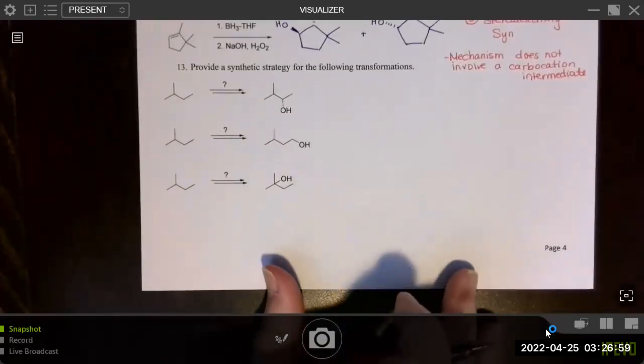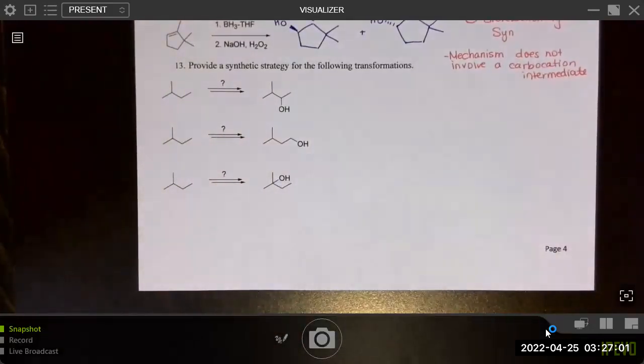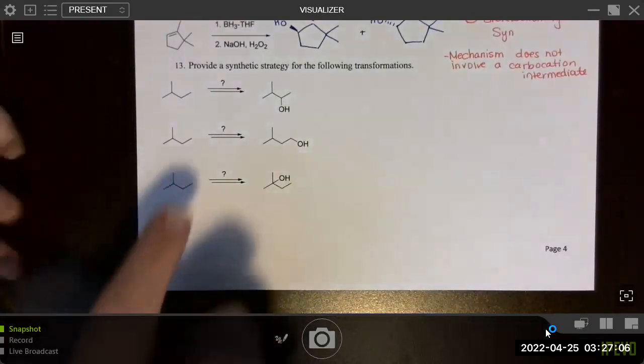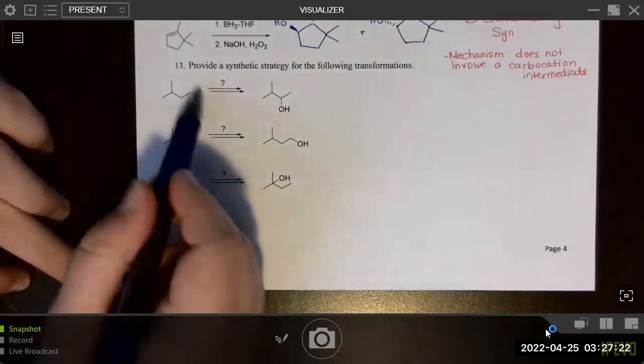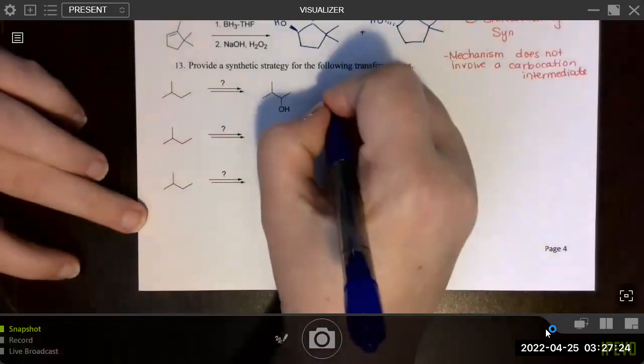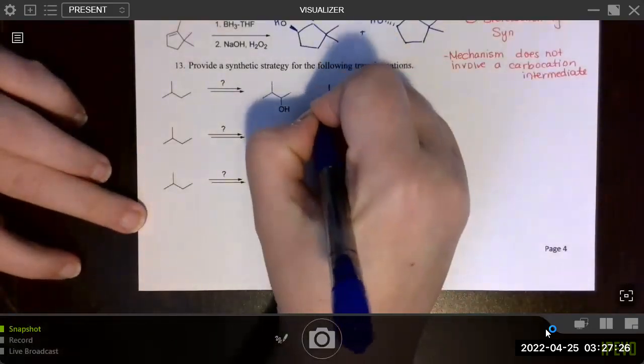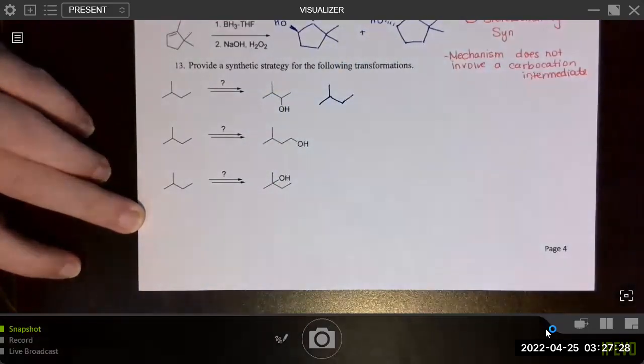Moving on to the next part, provide a synthetic strategy for the following transformations. So it looks like they pretty much start out similarly, where we're starting with an alkane. And at that point, the pathway is probably divergent. So recall, when you're starting with an alkane, how many options do you have for your first reaction?